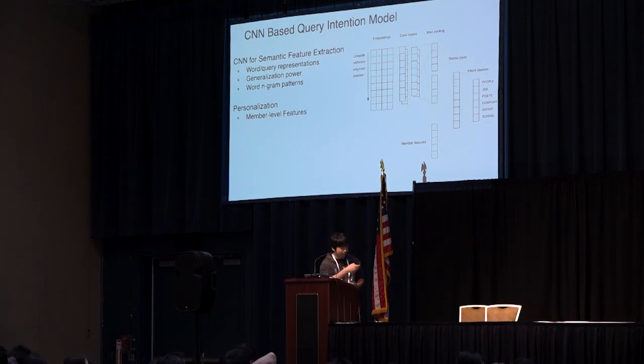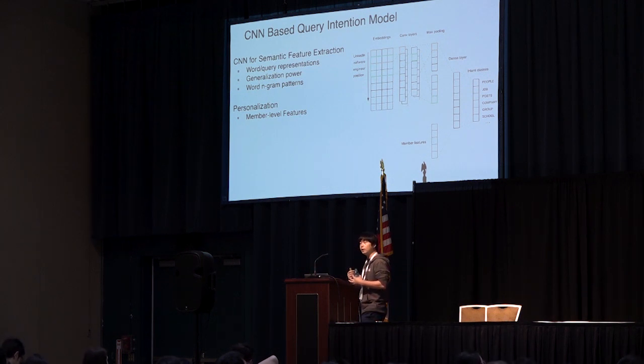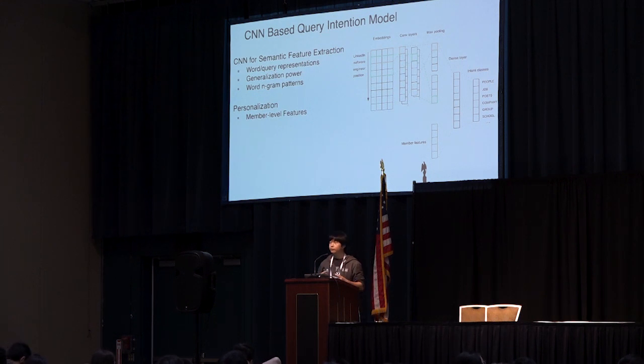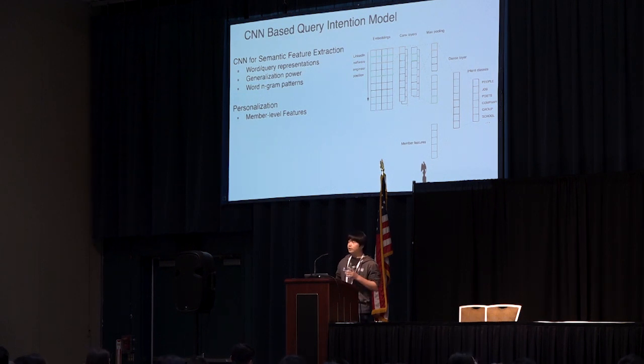Here's how we do that. We start with the query words. And then we organize them into a query embedding matrix. Then we use the convolution layer to extract high-level features with respect to different n-gram windows and different filters. And then we use max pooling to keep only the most essential, most informative features and concatenate them with other member features.